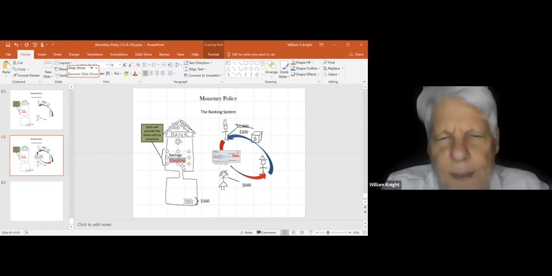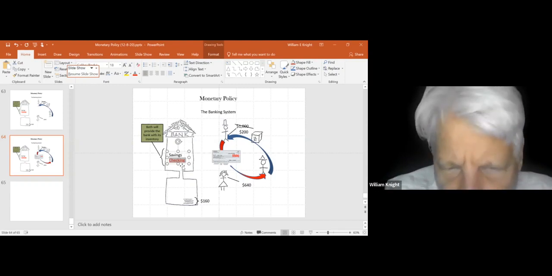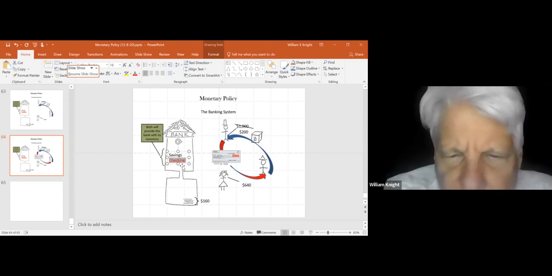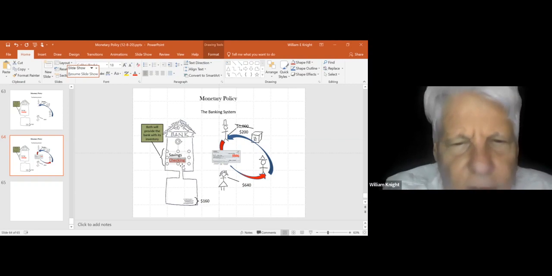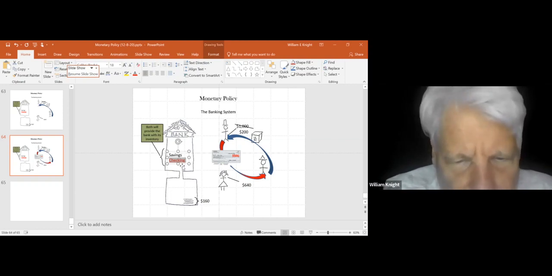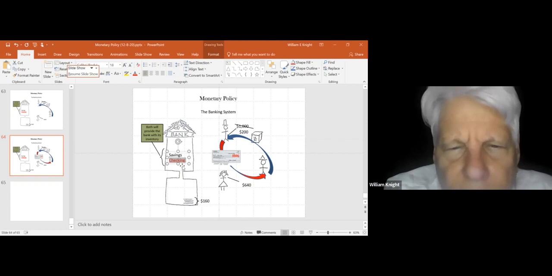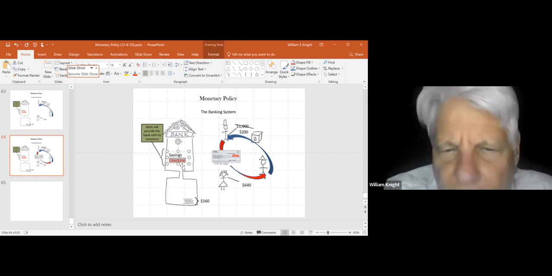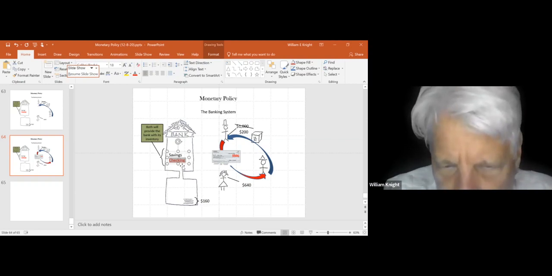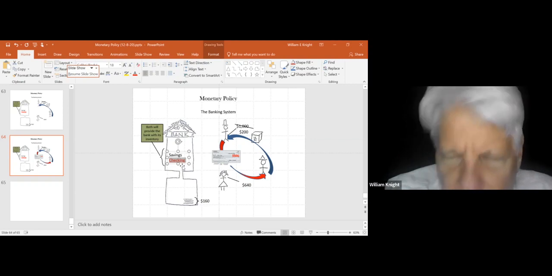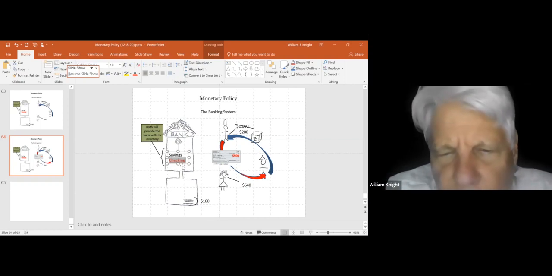So that is why we want a private sector banking system. And there can only be a private sector banking system if it is profitable, if banks are profitable. And the only way to make a bank profitable is through the fractional reserve system. Now, does the fractional reserve system work?